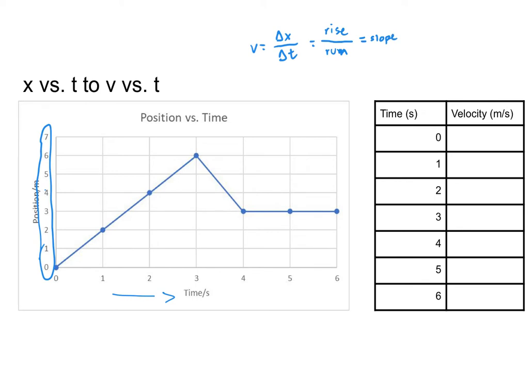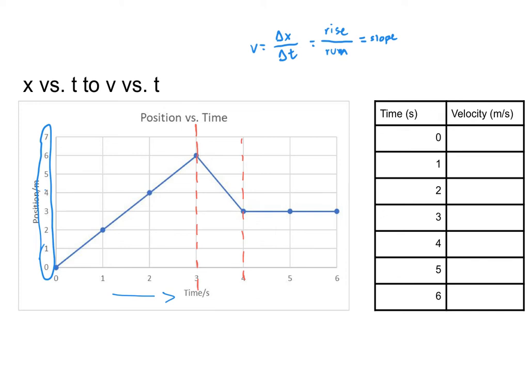To find my velocity, I want to break my position time graph up into places that have constant slope. I can see that I have a straight line from 0 to 3 seconds, then from 3 to 4 seconds I change velocity again, and I have a consistent velocity from 4 to 5 seconds.